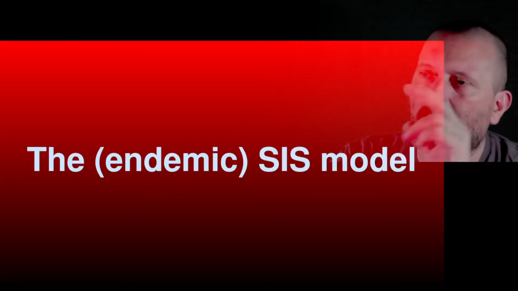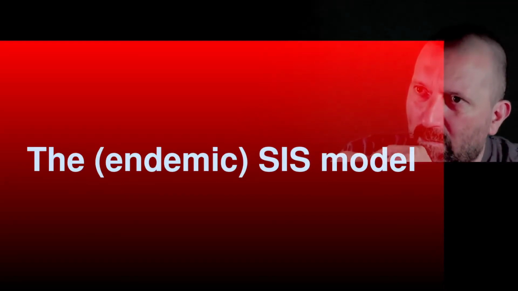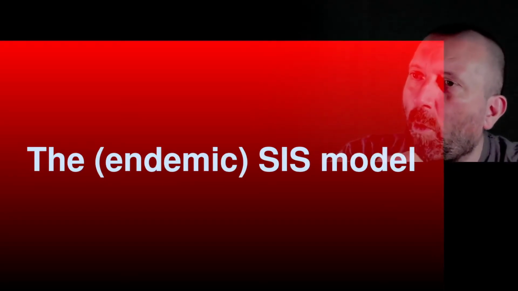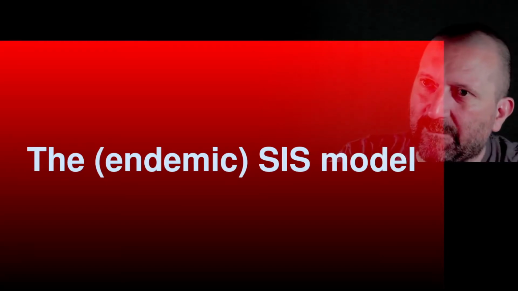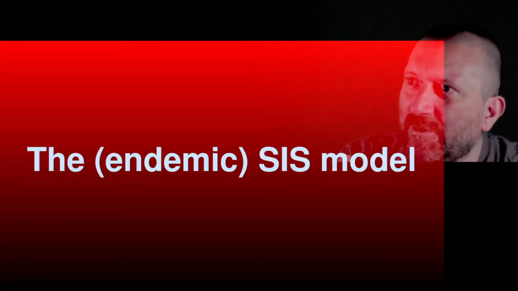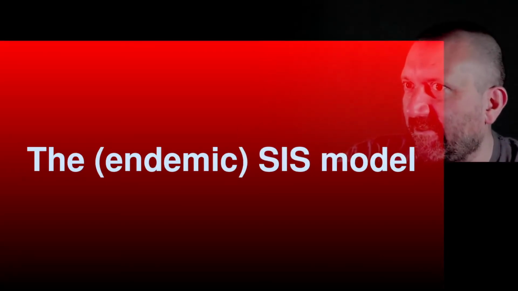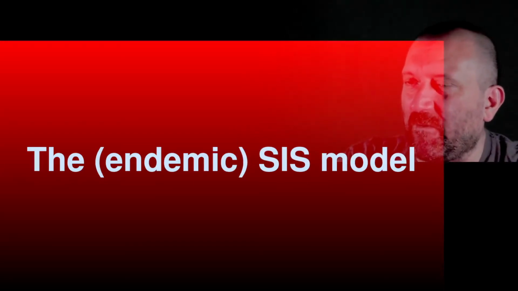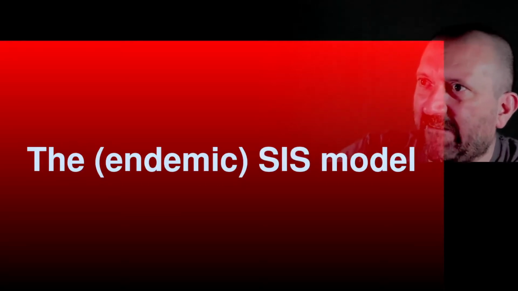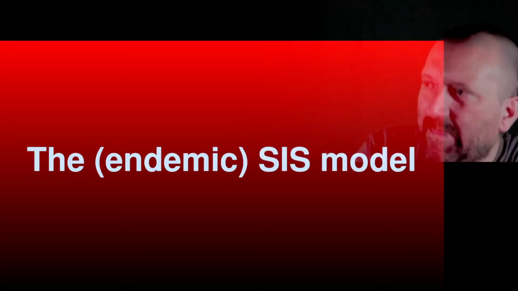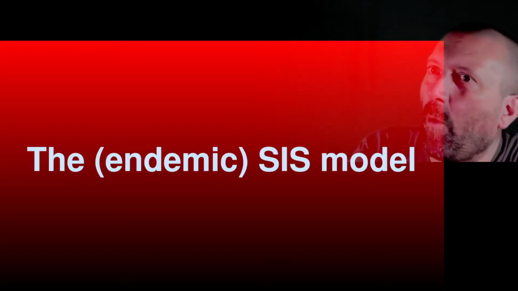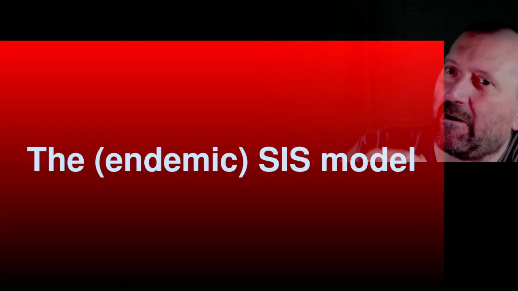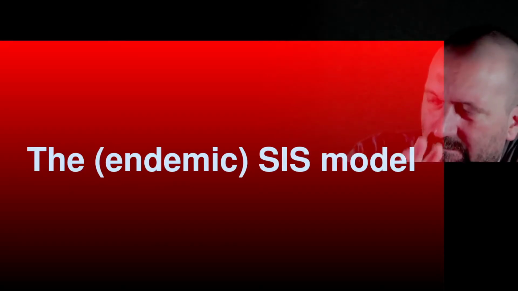Either the number of infectious increases before it collapses, or it collapses right away. Based on the location of R0 with respect to 1, the alternative was I have an epidemic and then things die out, or I have no epidemic at all. Here we're going to see a so-called endemic model.